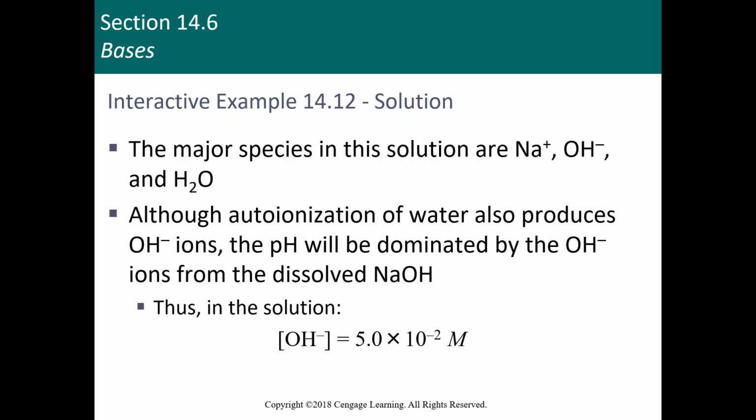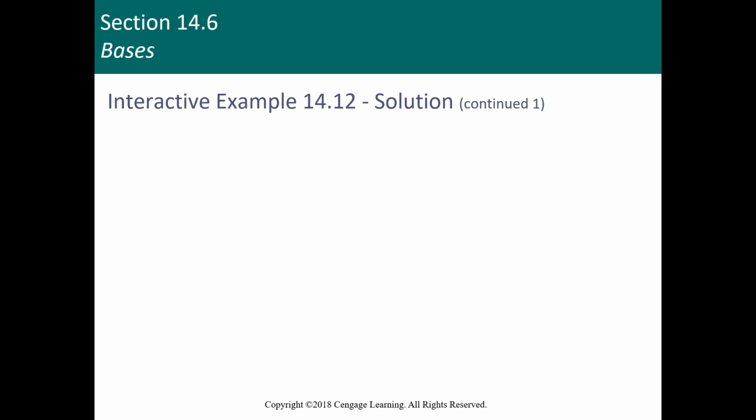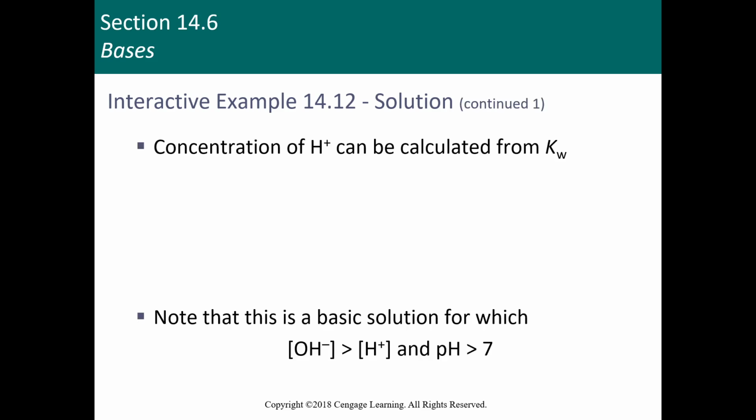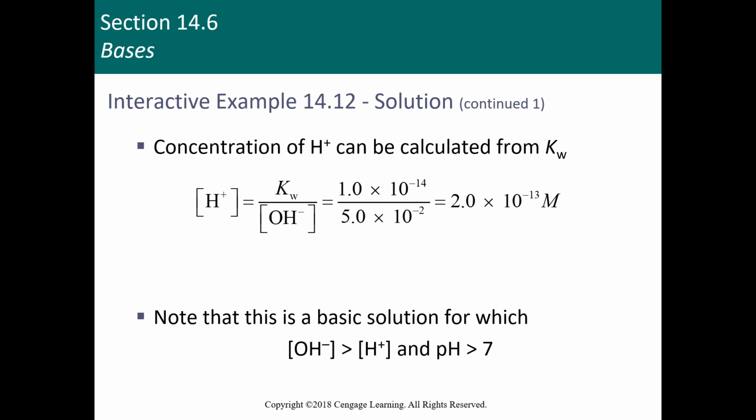That is going to be our OH minus concentration in solution, because this is a strong base. It completely dissociates, completely comes apart. And so our concentration for the H plus can be done using the Kw. So we take Kw, which is 10 to the negative 14, and divide it by our OH minus concentration, which is displayed right here, and that will give us our H plus concentration.